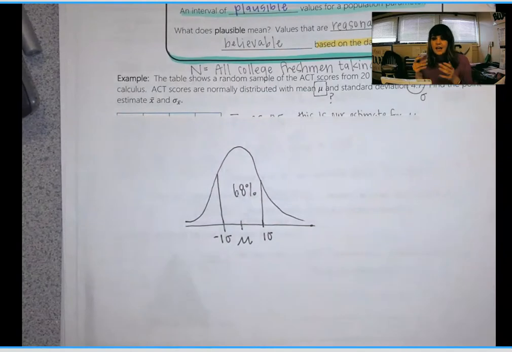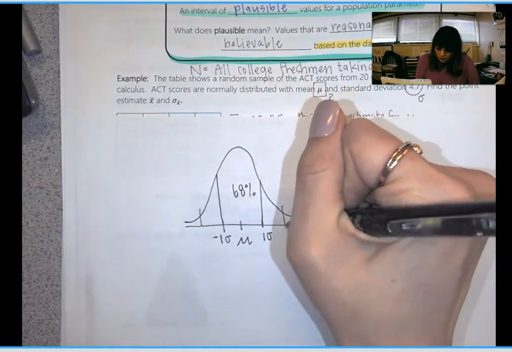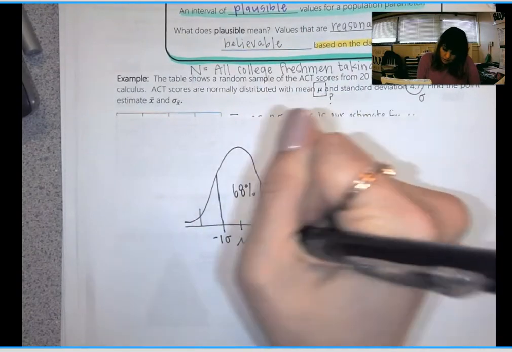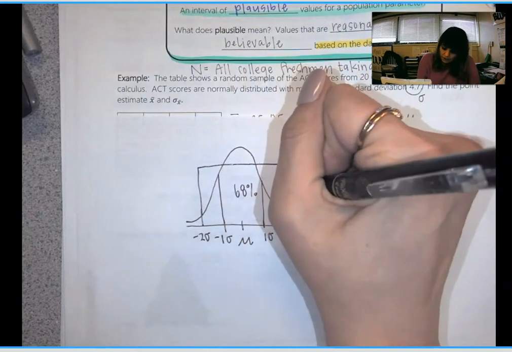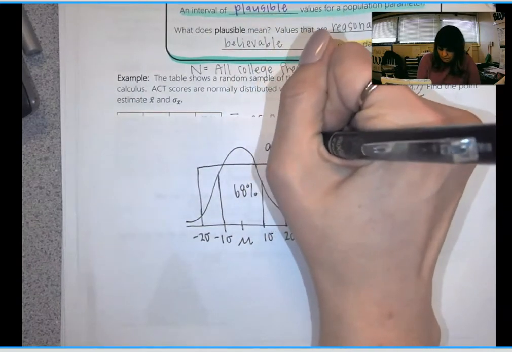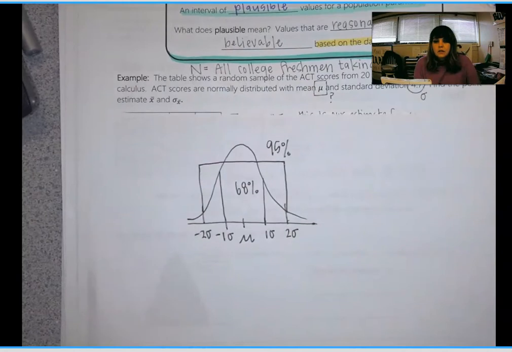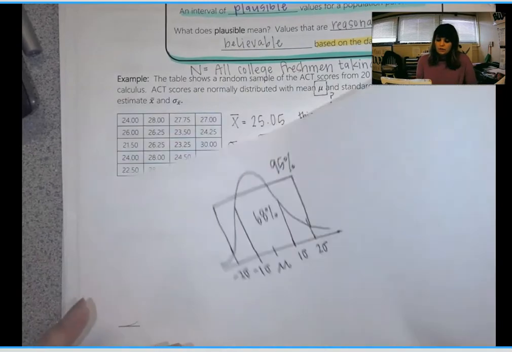So 68% of our data will be within 1 standard deviation of the mean. Well, 2 sigmas is 95% of the data. And then 3 sigmas is 99.7% of the data.